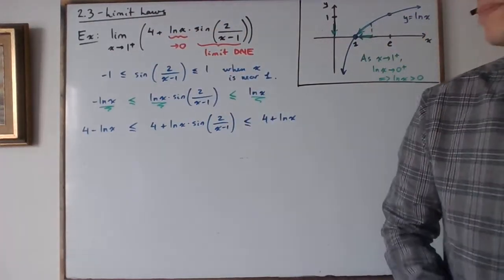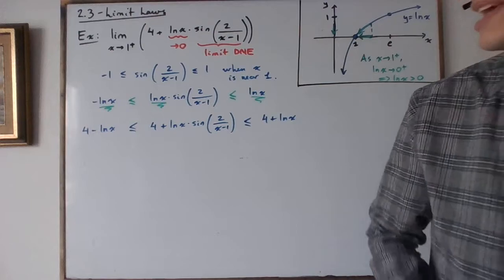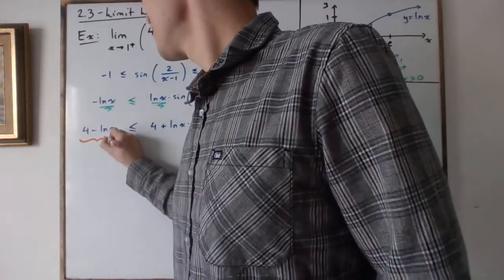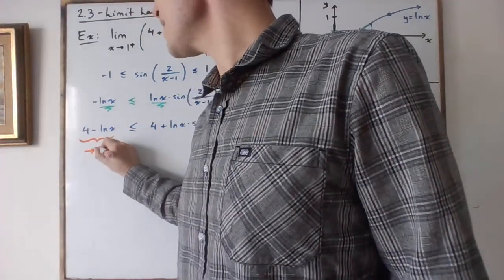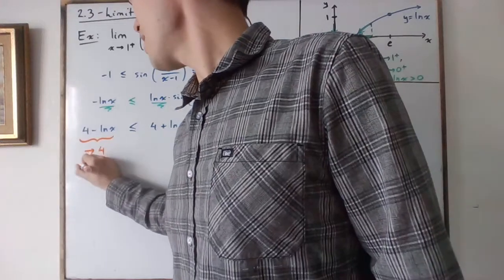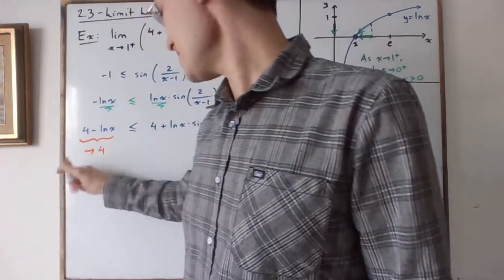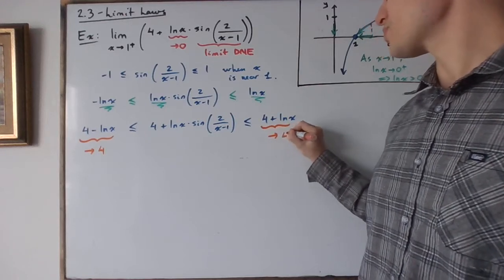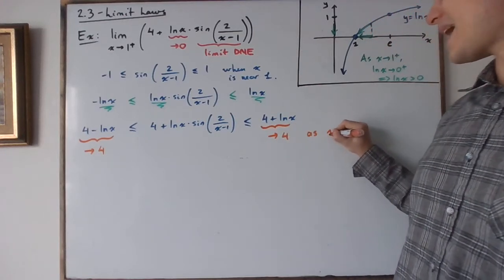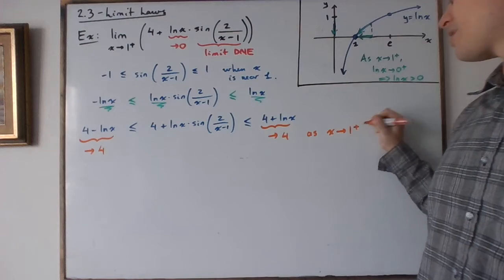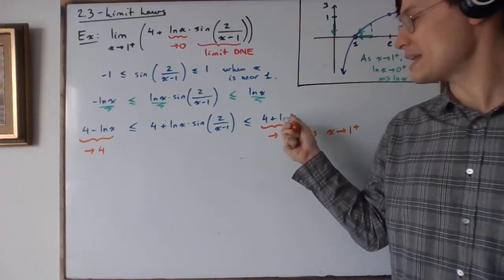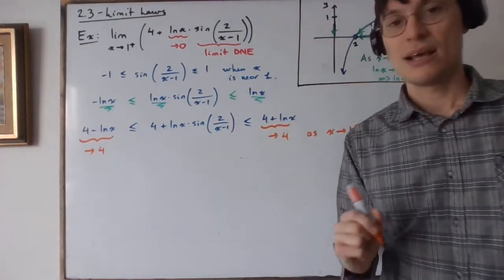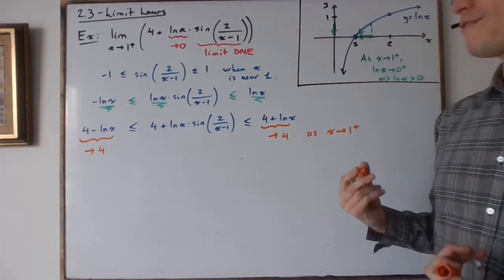And now you're very close. The idea is to say that this thing is approaching 4, and this thing is also approaching 4 as x is approaching 1 from above. So basically, you do the limit of this and this, and you get the result of 4.